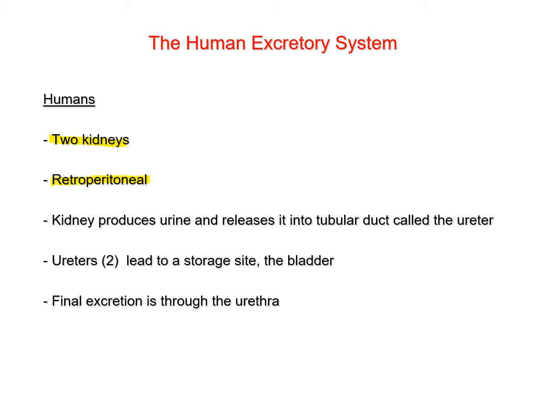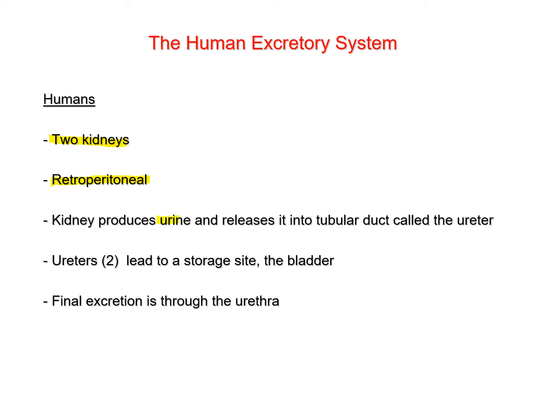So the wall of the peritoneal cavity is covered by this membrane. The parietal peritoneum, and behind that, underneath that, more towards the dorsal side, are the 2 kidneys.